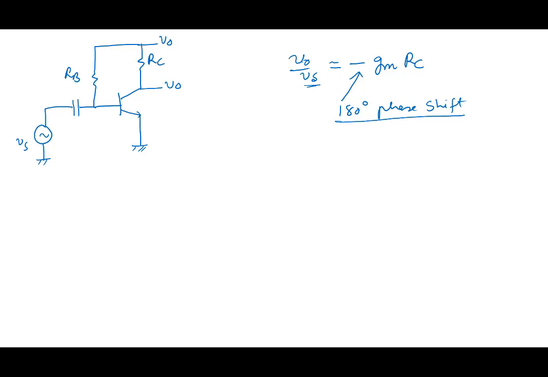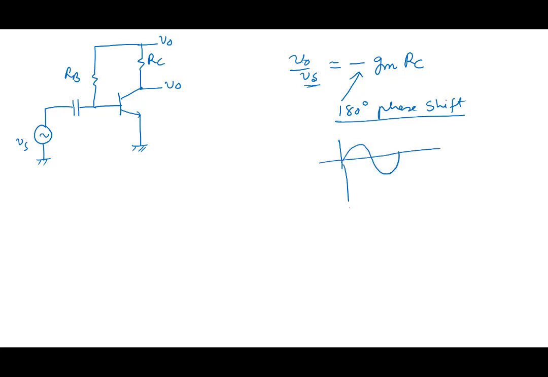Yeah, from the formula it is coming, right? But from the circuit, is it coming? Qualitatively, can we do that and show that yes, phase is 180 degree? What does 180 degree mean? That if you make something increase, the other one will decrease.